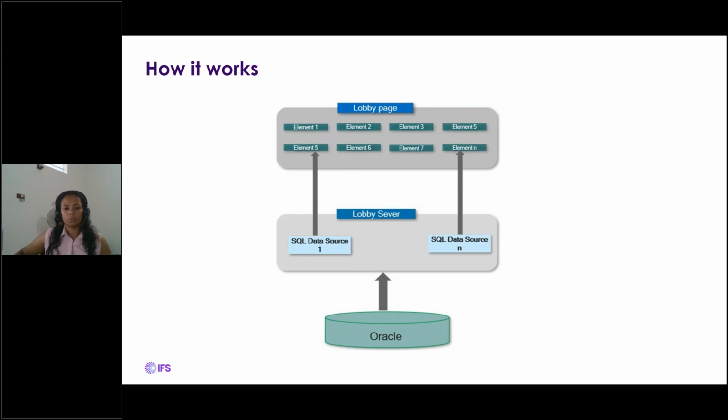So now you will know how these basic components of lobby work together. So you have lobby pages, elements, and data sources. So you get from the cloud data into a data source, and then you plug it into elements. The lobby functionality in IFS Cloud does not only include lobby pages, it also includes the tools to create them.